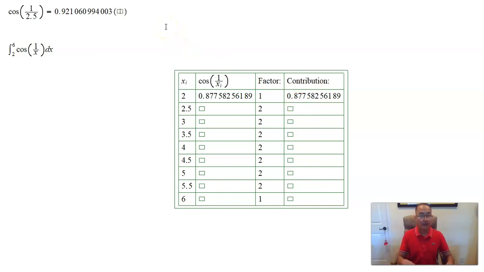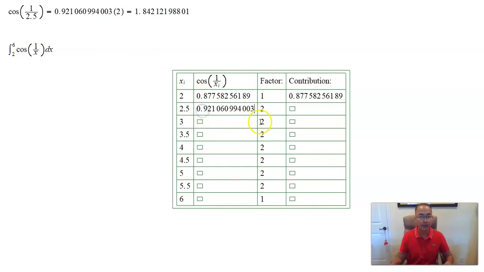So I'm going to put a times 2 there and an equals there. The first number goes into our column here, and the second number goes into our contribution column. If you're doing this by hand, I know it's a little bit tedious, but it's just 9 numbers. You can do it.